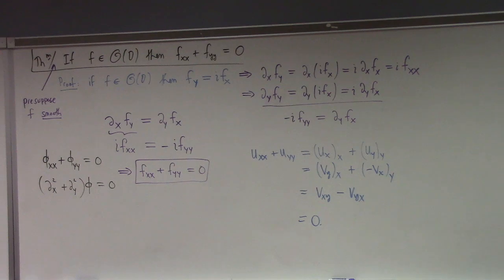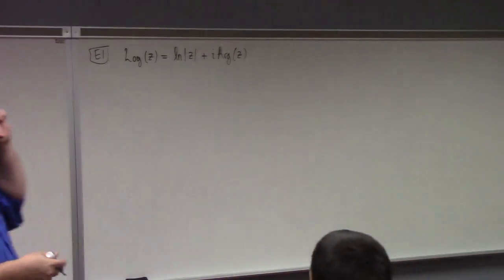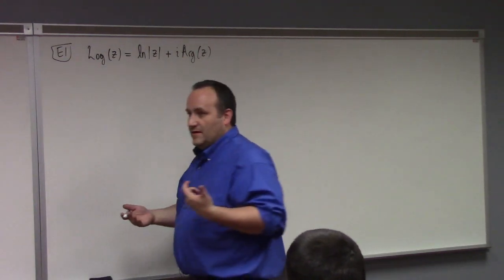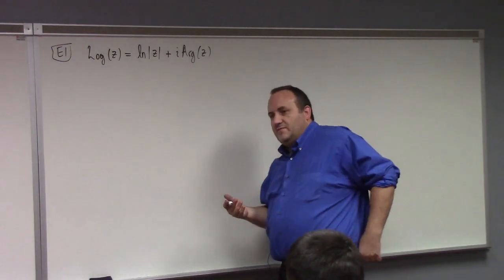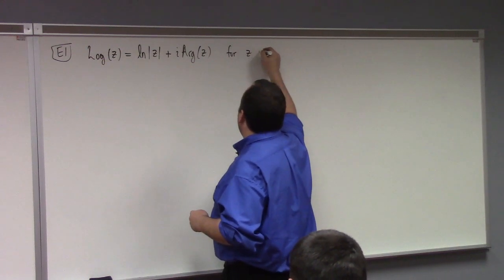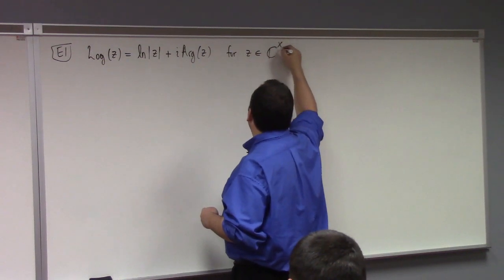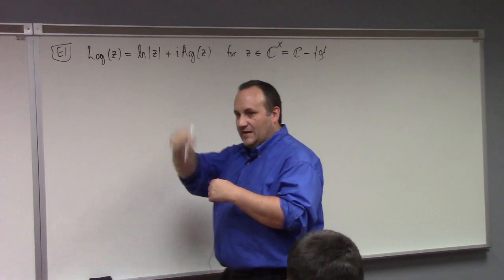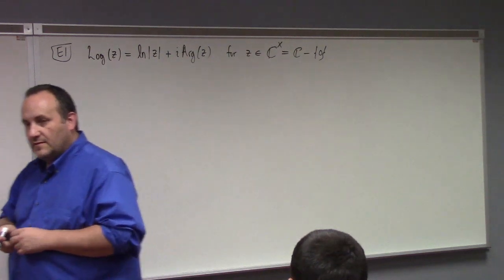Are you guys with me? Okay, so what does this theorem I just wrote down mean? Now we defined this for z in the punctured plane, right? So the plane with the origin punched out is the punctured plane.